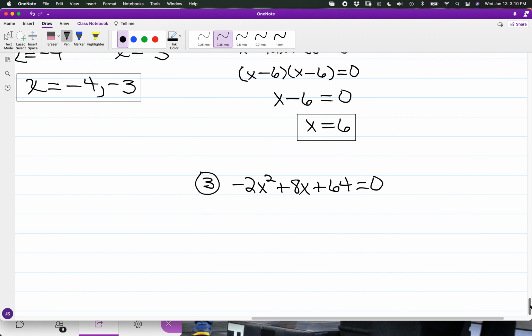One approach, if I want to work with just x squared, is to factor out the negative 2. Negative 2 into negative 2x squared gives x squared. Negative 2 into 8x gives minus 4x. And negative 2 into positive 64 gives negative 32.